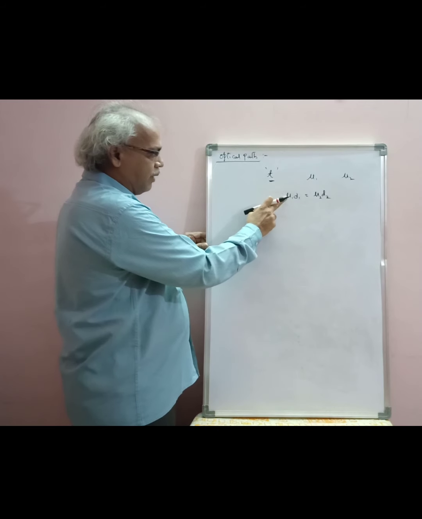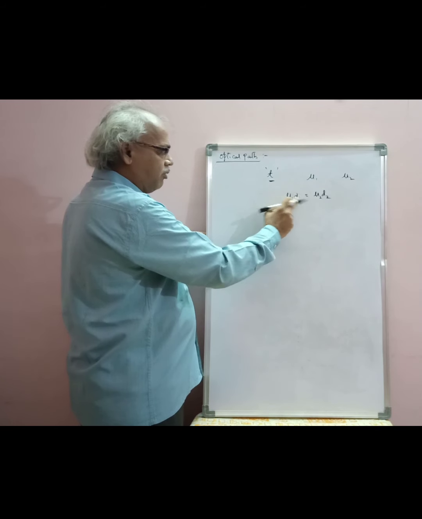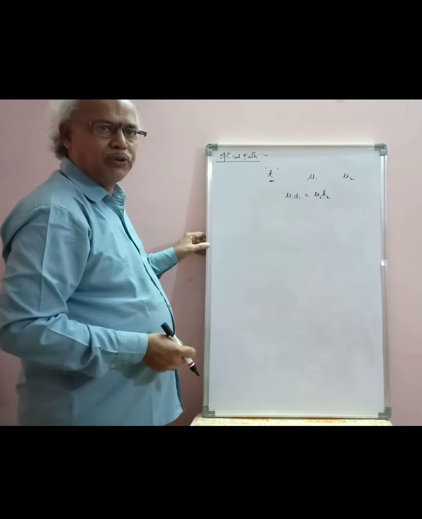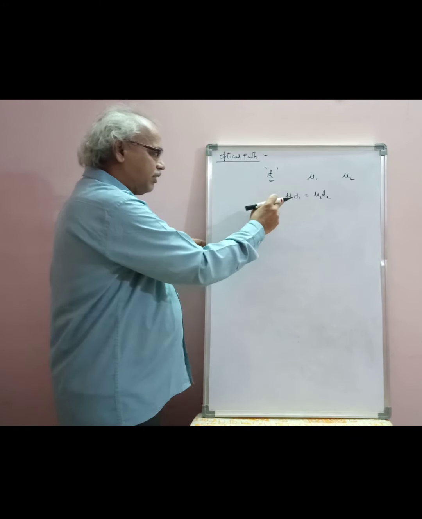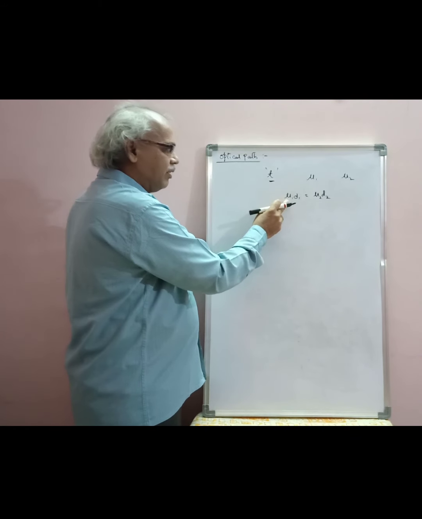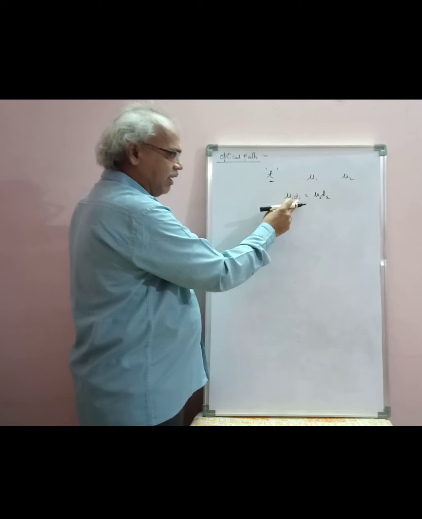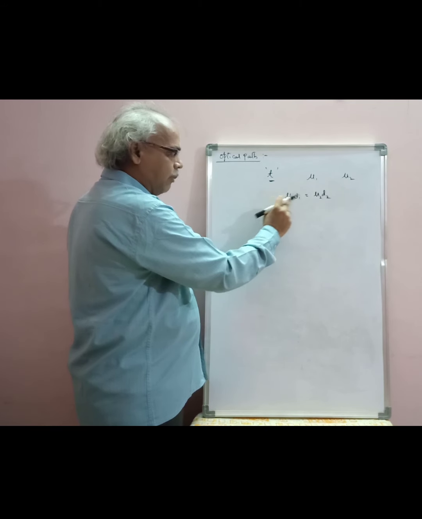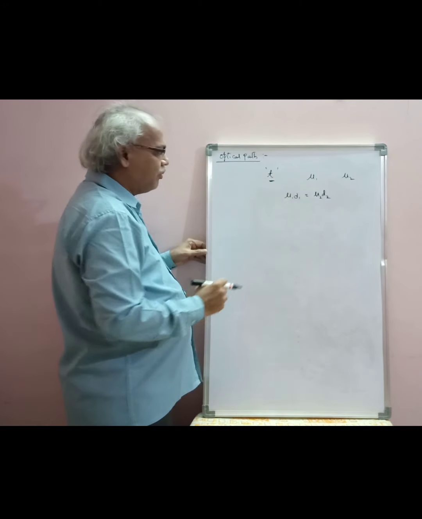It means the refractive index and the distance travelled are inversely proportional. If the refractive index is less, the distance travelled by light is more, but the product will be the same.